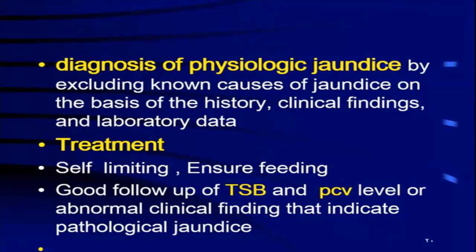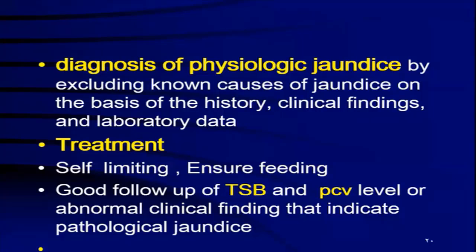Diagnosis of physiological jaundice is by exclusion of known causes of jaundice on the basis of the history, clinical findings, and lab data. Treatment is self-limiting: ensure feeding, and good follow-up of TSB and PCV or any abnormal clinical finding that may indicate pathological jaundice.